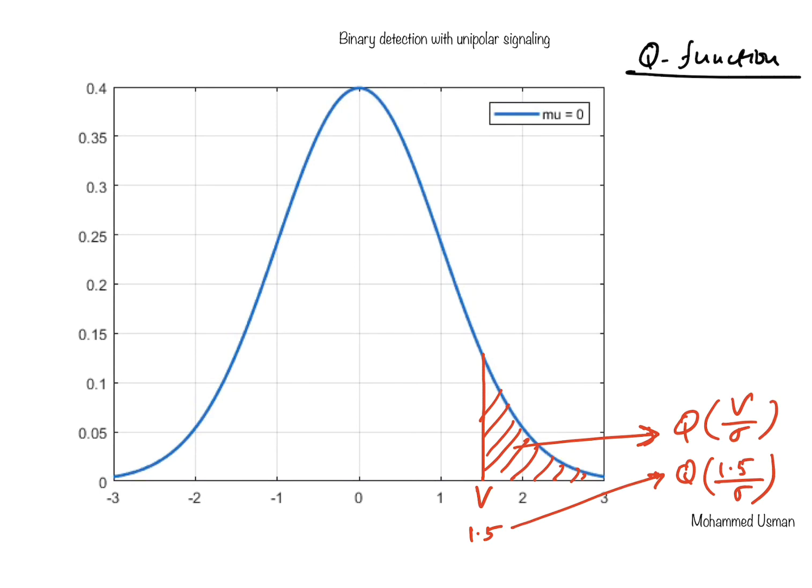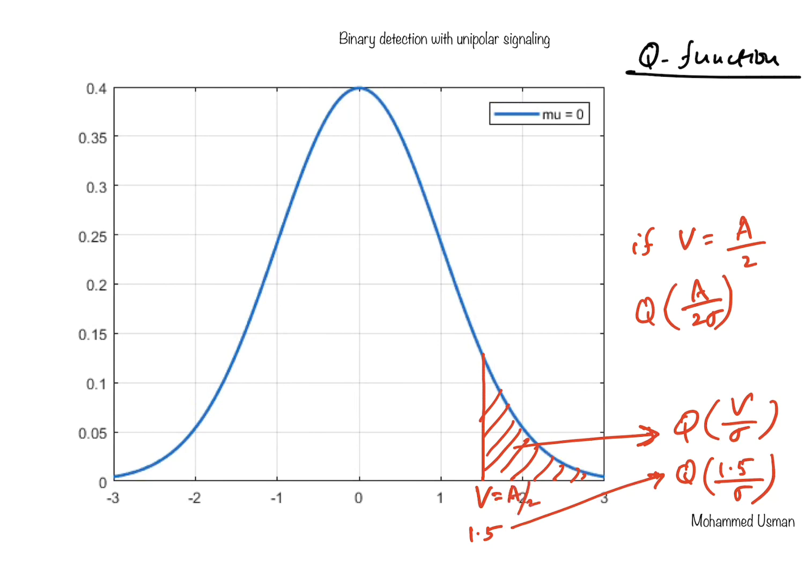For example, if V is A by 2, then in place of V we will write A by 2, and we have the sigma in the denominator. So we call that Q of A by 2 sigma if V is equal to A by 2.